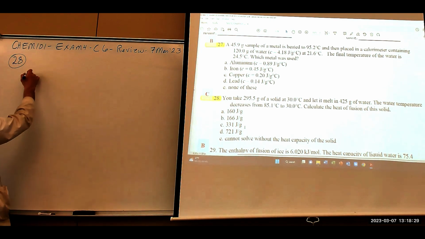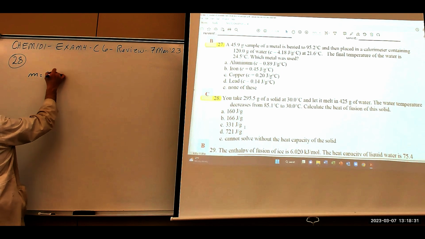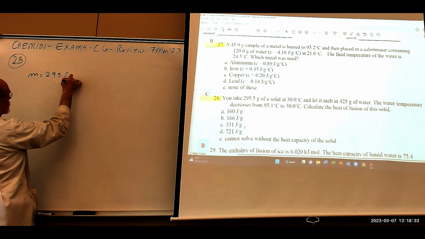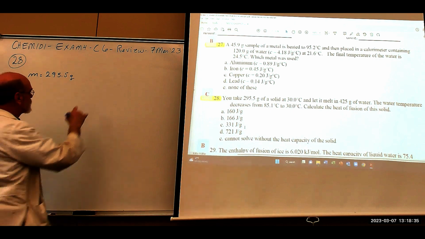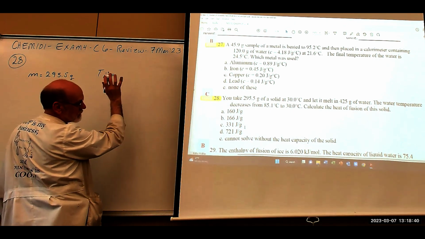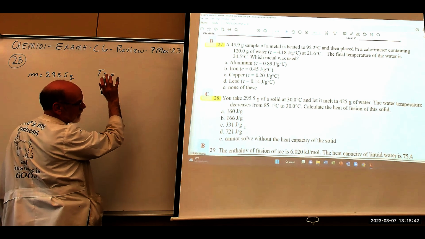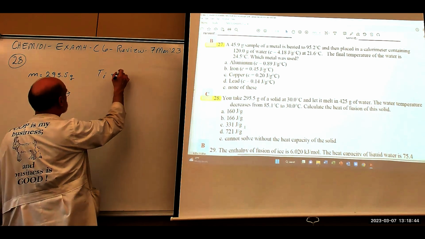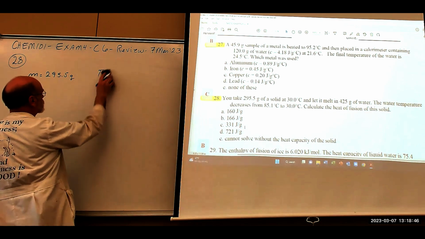295.5 grams of the solid. So the mass is 295.5 grams. And its initial temperature equals 30 degrees, excuse me.